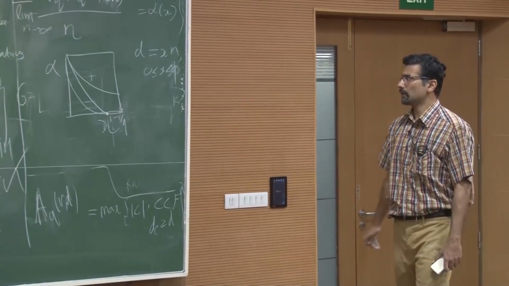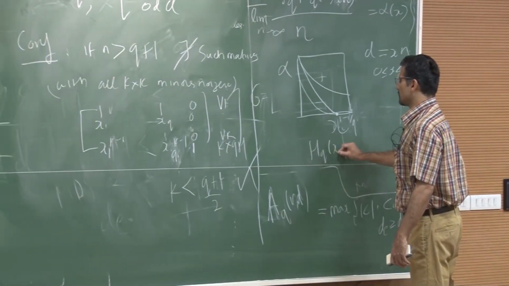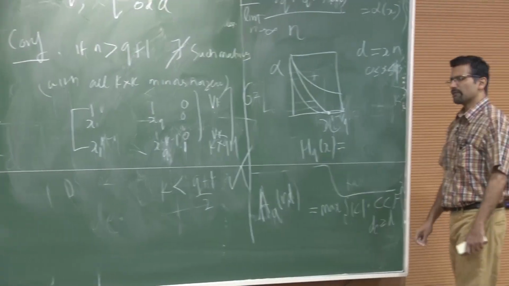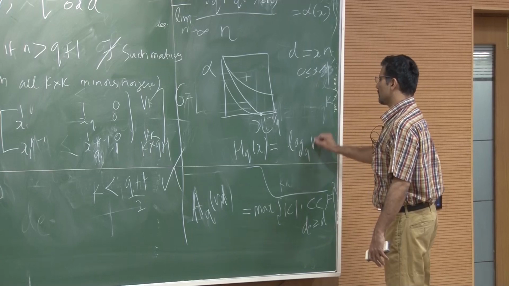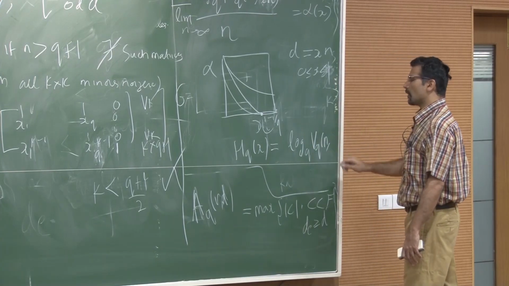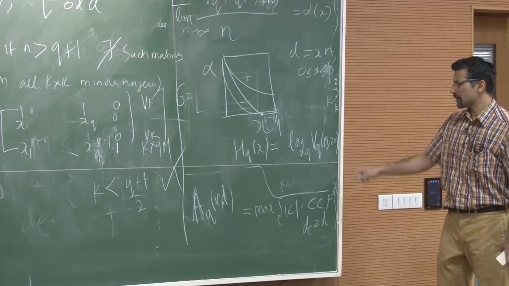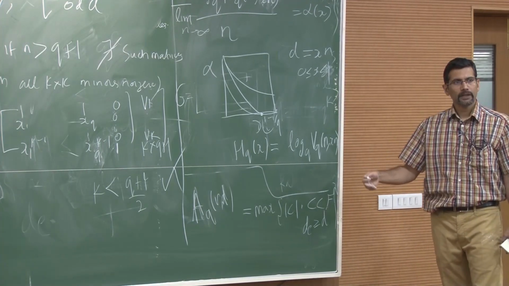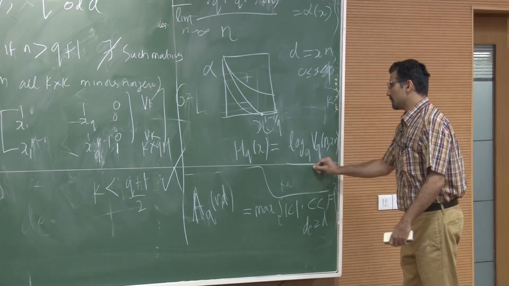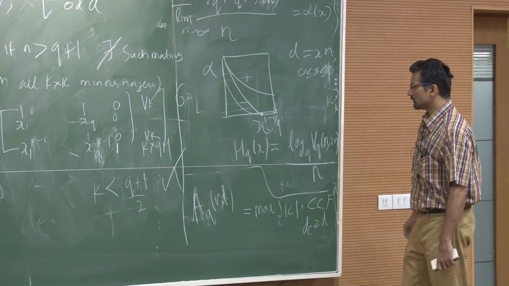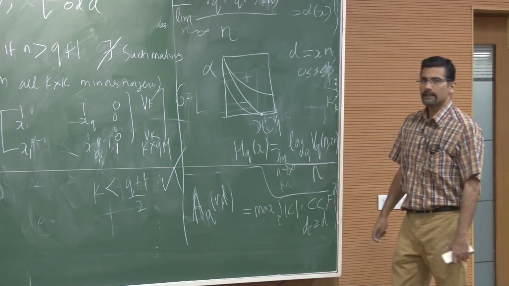And all the bounds are in terms of this entropy function. So I will tell you what this entropy function is. Roughly speaking, I talked about a ball of radius r. Suppose the radius of the ball is x times n, where x is some ratio. You divide by n, and take the limit as n goes to infinity.